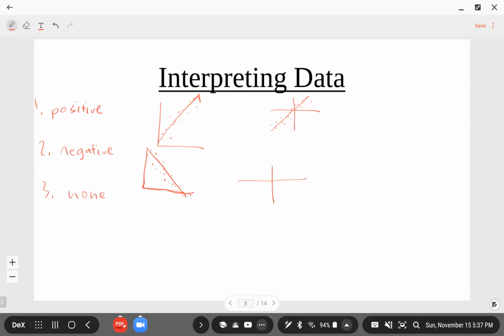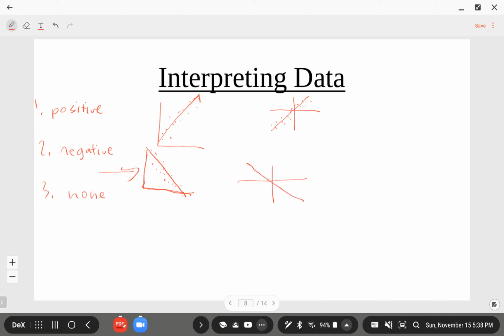So x values are increasing, y values are decreasing. This one is actually x values increasing, and this one is y values decreasing. Sorry for that mistake. But when we have y values increasing while x values decreasing, we have something like this.